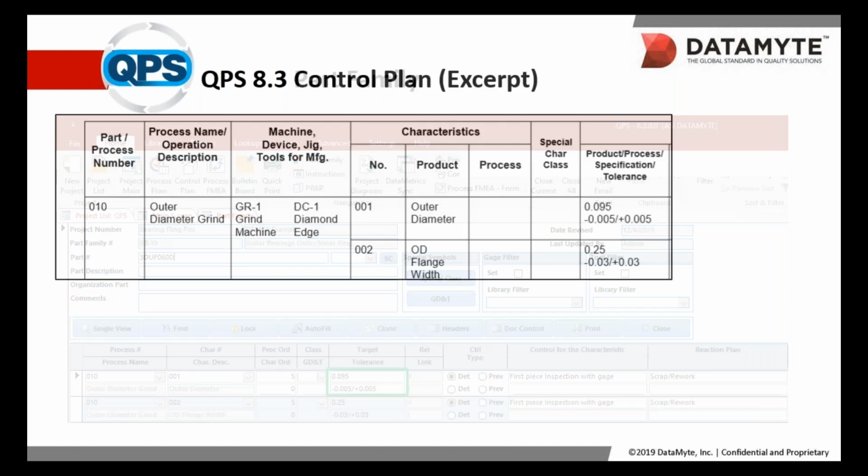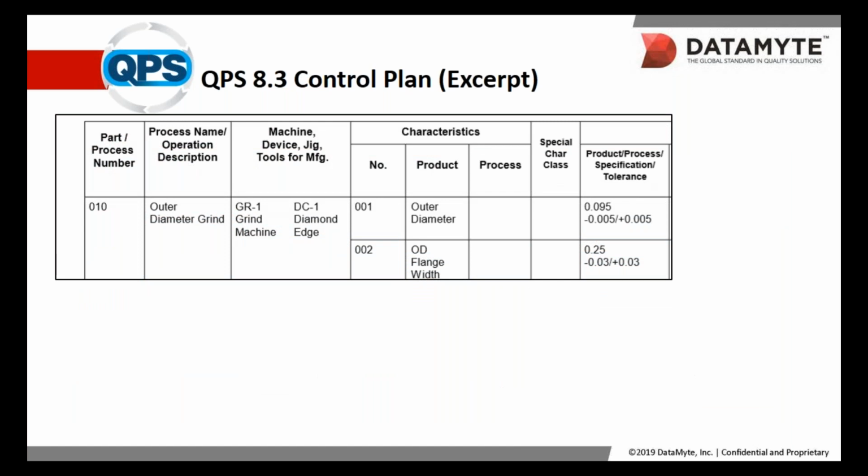What I'm also going to do is have an excerpt of the control plan as we generate the documentation from the Quality Planning Studio. You'll see that I have this specification on my control plan for the tolerance or the target with the upper and lower tolerances, or the upper and lower spec limits.